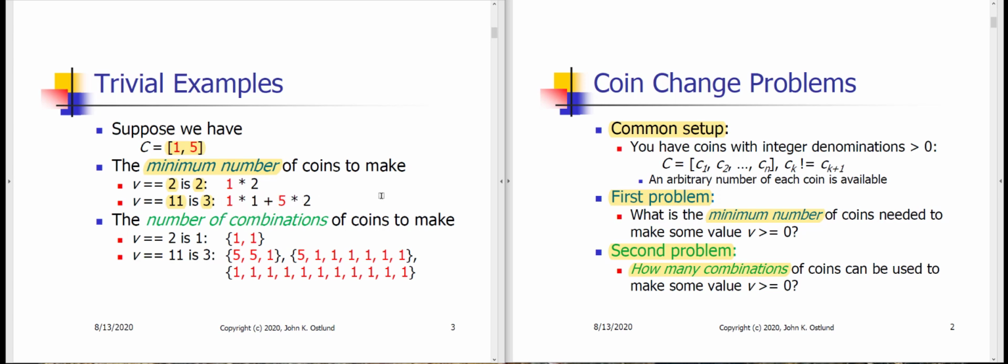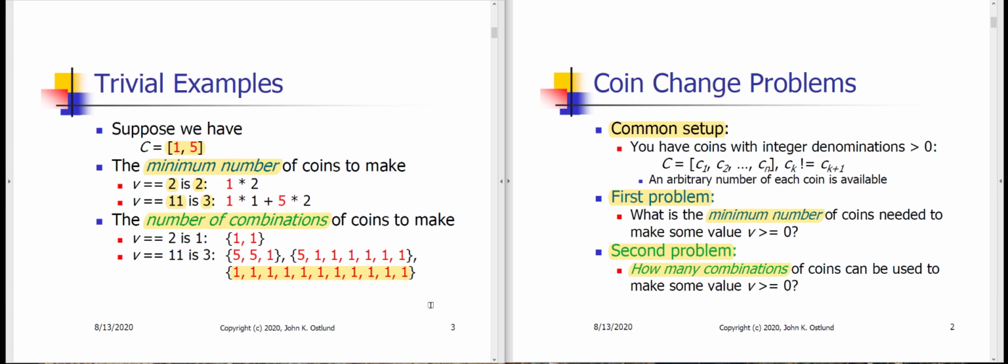Now, in the case of 2 cents of change, there is only one way of making this change. The only way we can do that is to use 2 pennies. But for 11 cents, there are many different ways that we can make change. We could use 11 pennies. Okay, so that's the, I was going to say brute force.